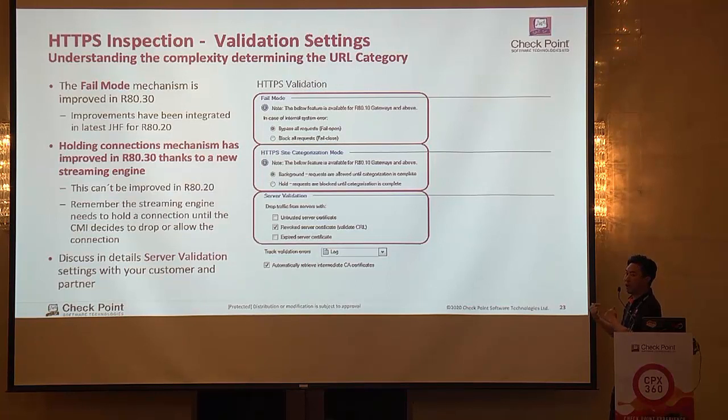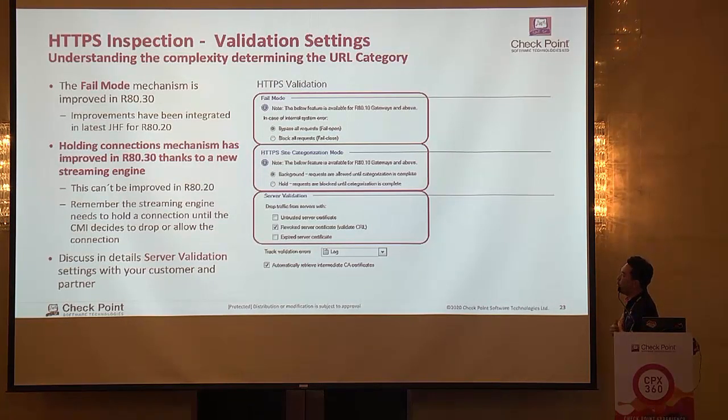You can change to fail closed to increase the security. For the categorization mode, the default setting is background, so before we categorize the website, the user can still access the URL. If you change to hold mode, it will hold until the categorization completes. So the session will be maintained, but it cannot open the application.